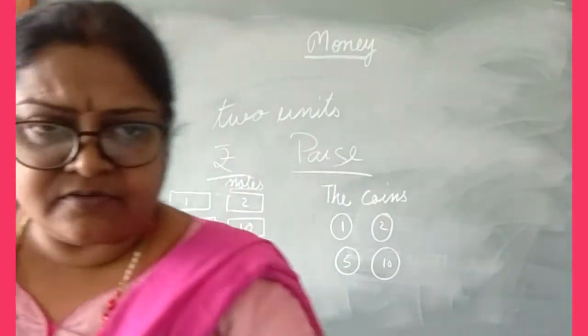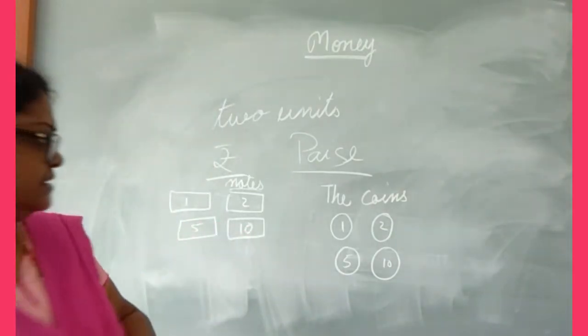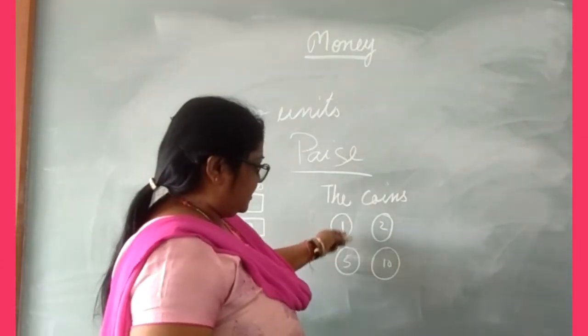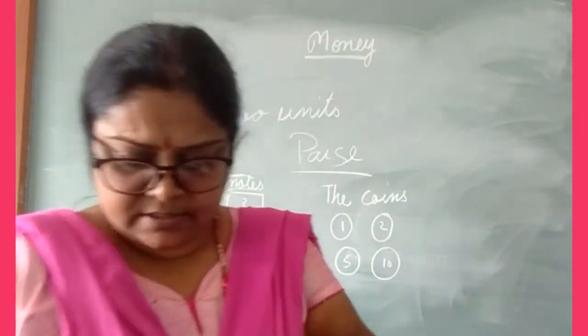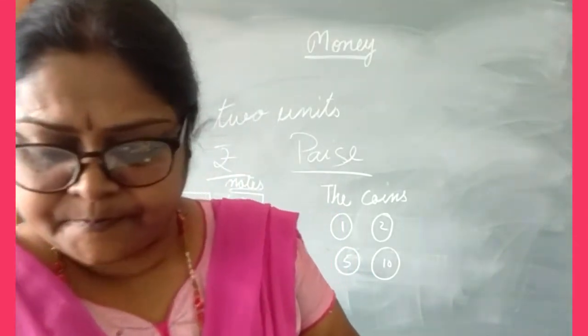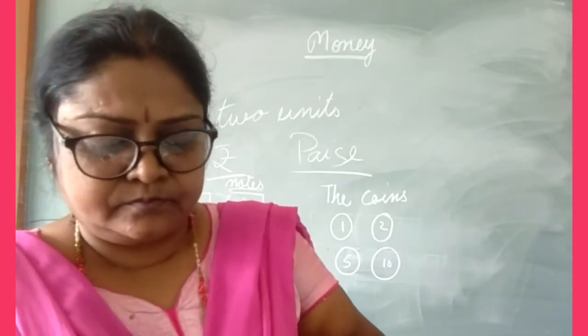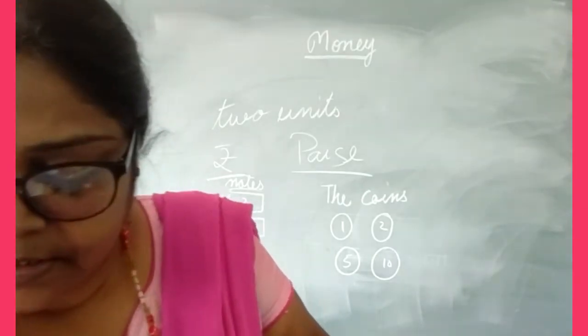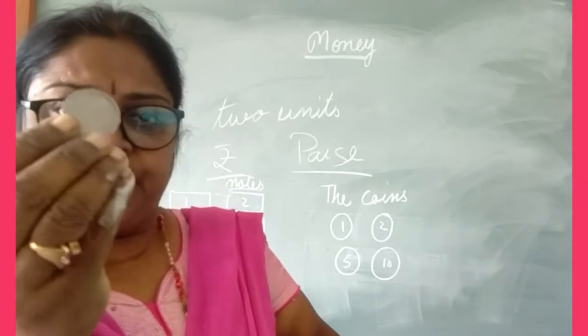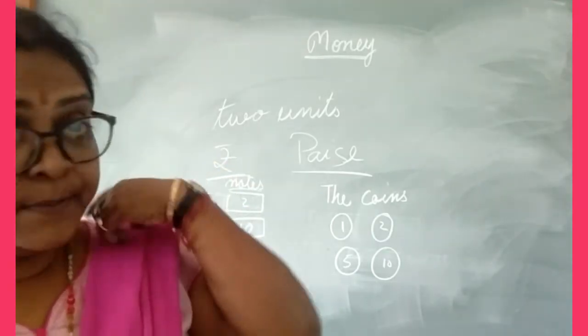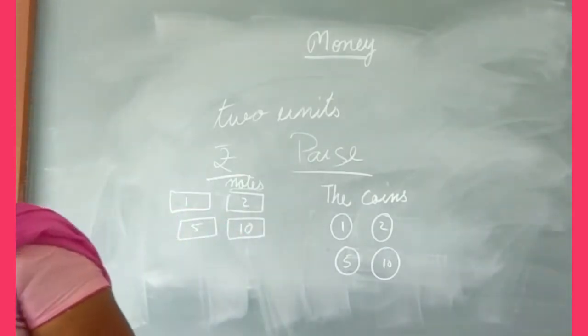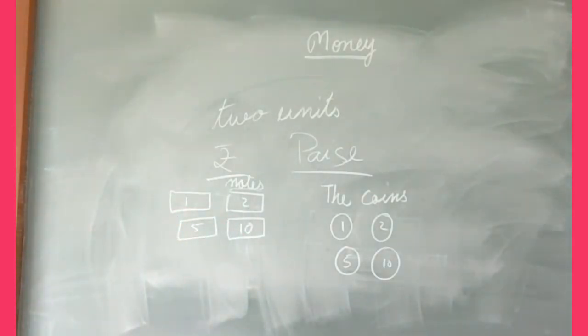And coins, what do we call them? These all are the coins. See, 5 rupees coin, 5 rupees coin, 10 rupees coin, 1 rupee coin and 2 rupees coin. These coins we call paisa.